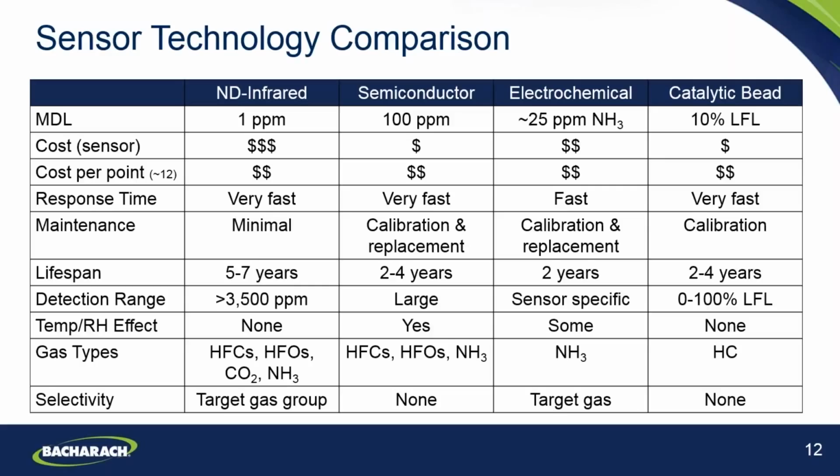With the aspirated systems and with infrared sensors, you just have a single system with a single sensor in there and sample tubing to run to each of the points where you're looking to detect any leaking refrigerant. With the other sensor types, the semiconductor, the electrochemical and the catalytic bead, you would typically be installing 12 instruments into each of the required locations, so the cost does start to balance out there.